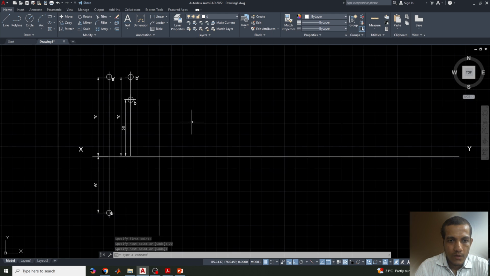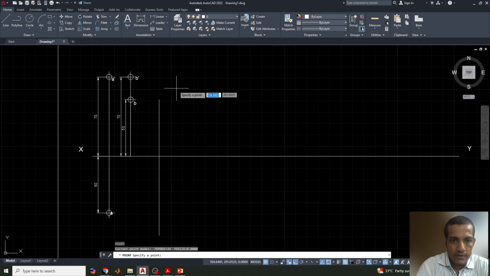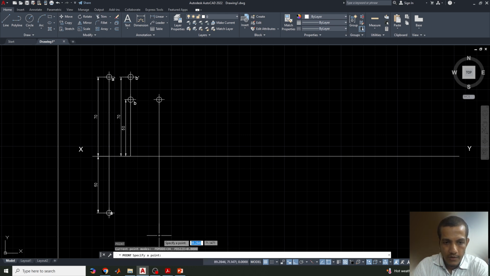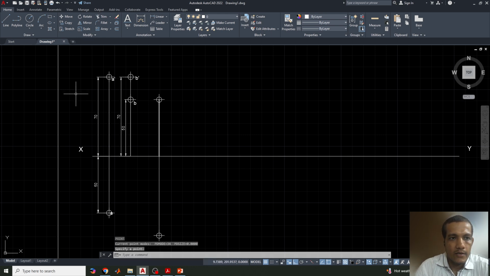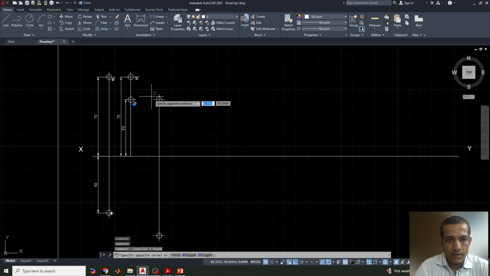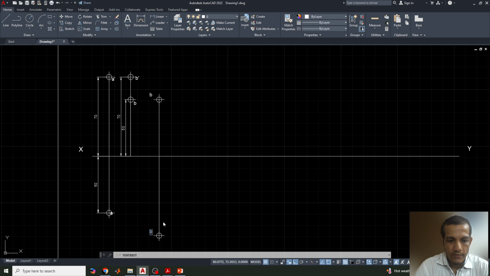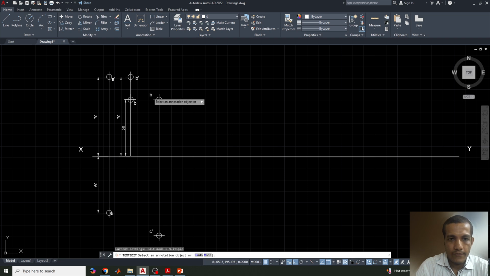So here again we can give the point style, and for this one I can give one more point style, and here also we need to give the text. Let's copy this, paste, and paste here. So here this will be different, like C dash, and this will be C.